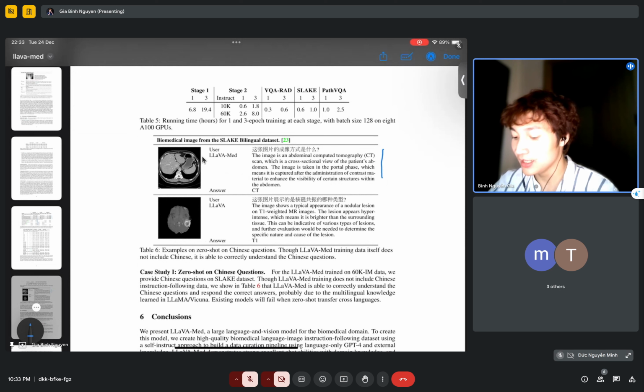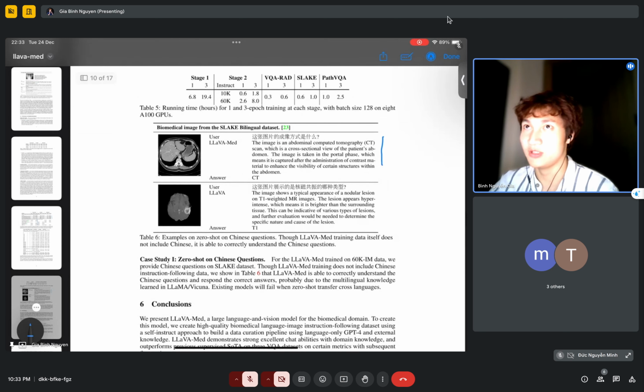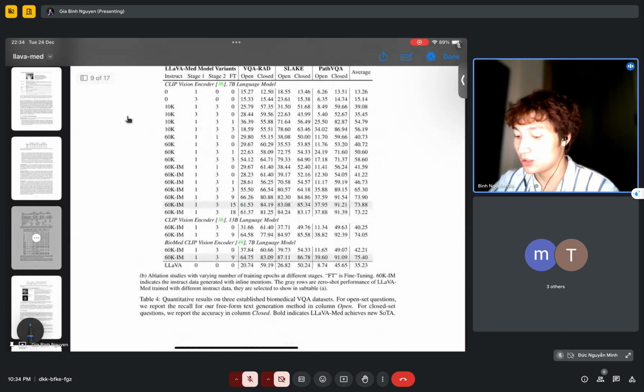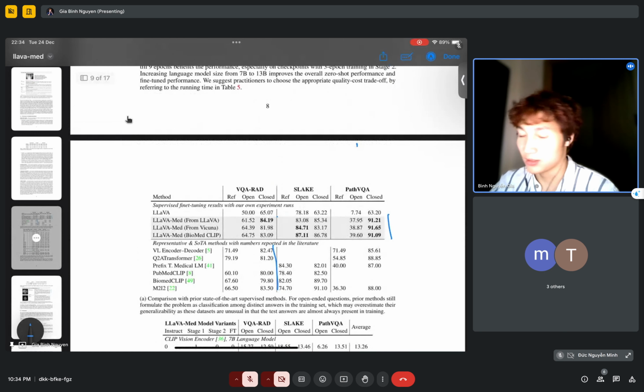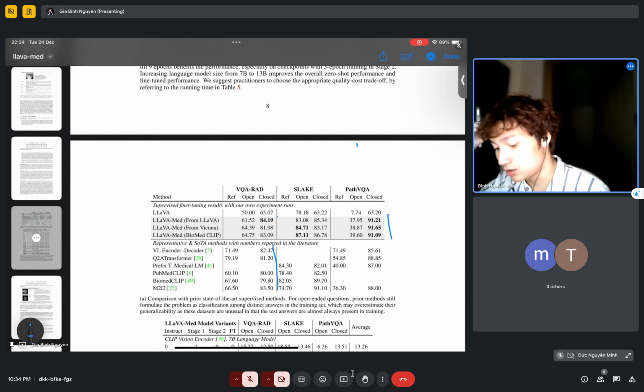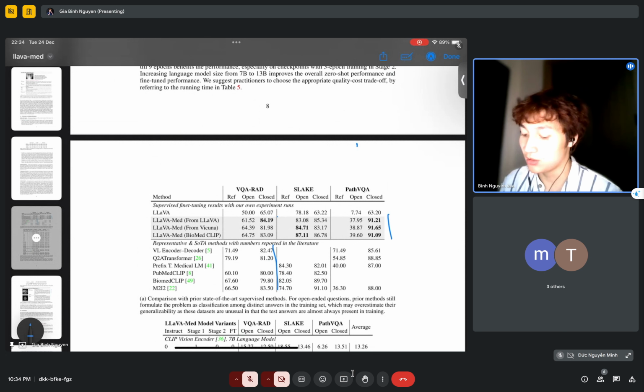I think the only thing to consider improving in the future is the number of parameters, because many smaller models can reach nearly the performance of LLaVA-Med. LLaVA-Med, with my knowledge at this time, is about 7 billion parameters.